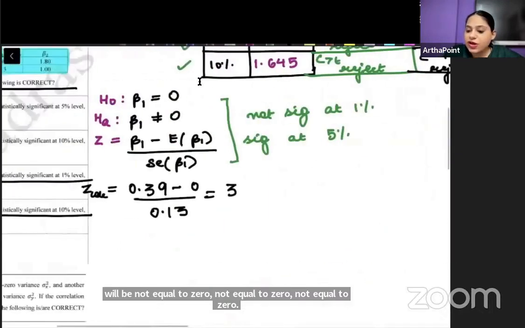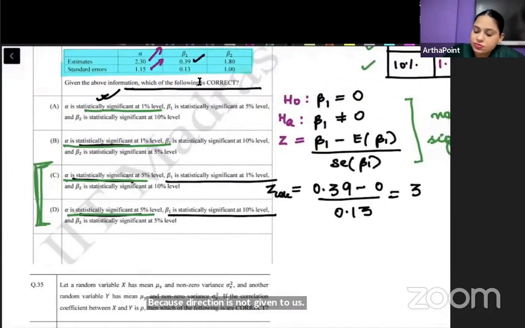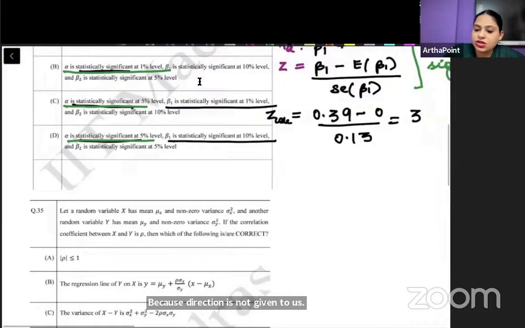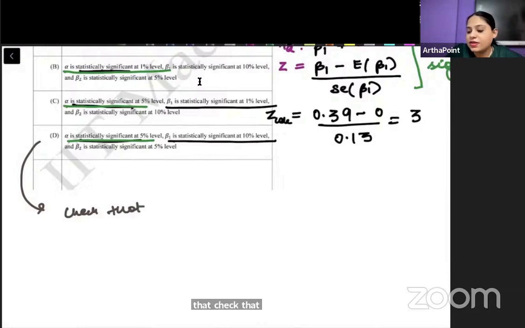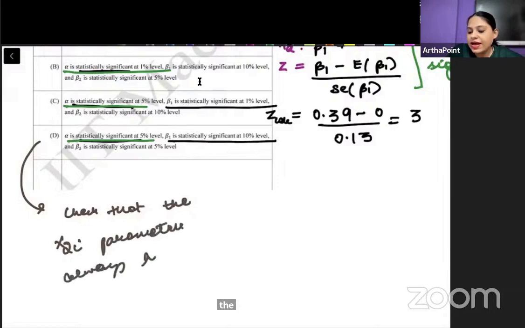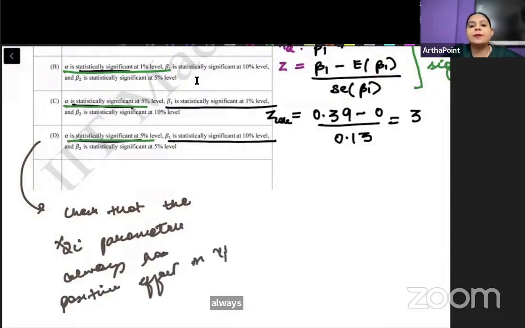Suppose it had asked us to check that the x2i parameter always has a positive effect on yi.